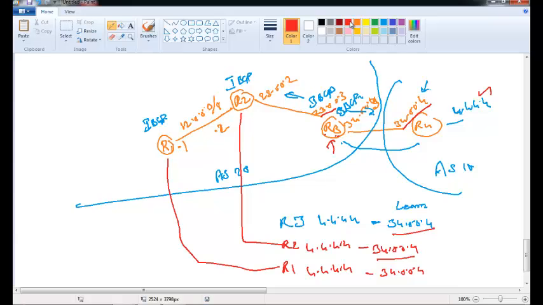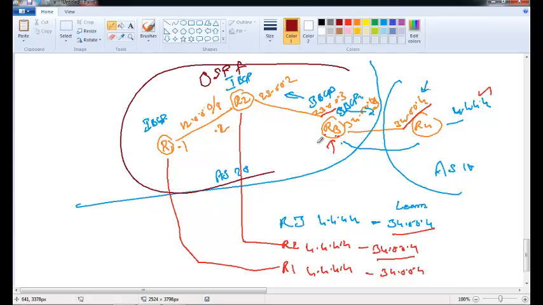Now we run OSPF only in this autonomous system. We are not running OSPF on this 34 network because it is a different autonomous system. So this router R1 and R2 has no idea where this address is. It is learning from here.